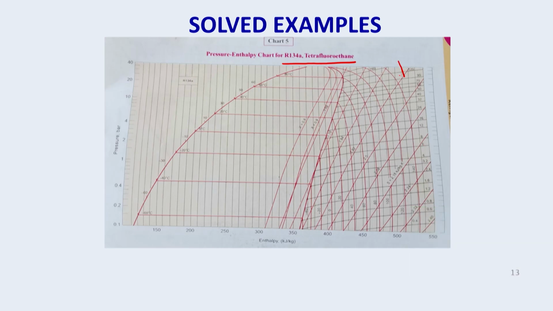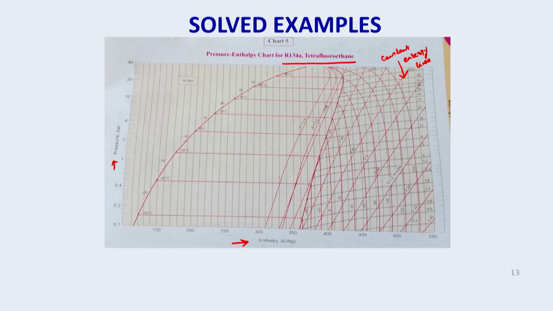Suppose state point 3 lies on the saturated liquid line. The y-axis is the pressure, it's a pH chart, and the x-axis is the enthalpy.